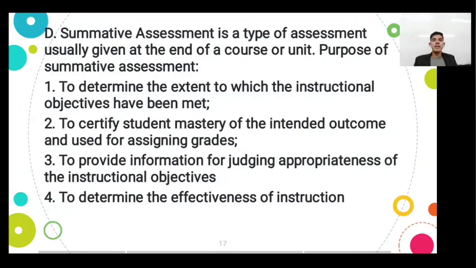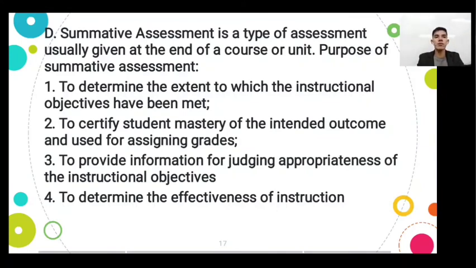Now, everything is related to objectives. You know, if your objectives don't meet the criteria that you set, or the objective that you set in the beginning of the lessons, you have to know tama ba yung appropriate ng objectiveness mo.